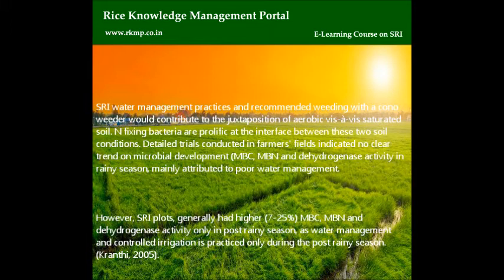Detailed trials conducted in farmers' fields indicated no clear trend on microbial development. MBC, MBN, and dehydrogenase activity in rainy season were mainly attributed to poor water management. However, SRI plots generally had 7 to 25% higher MBC, MBN, and dehydrogenase activity only in post-rainy season, as water management and controlled irrigation is practiced only during the post-rainy season.